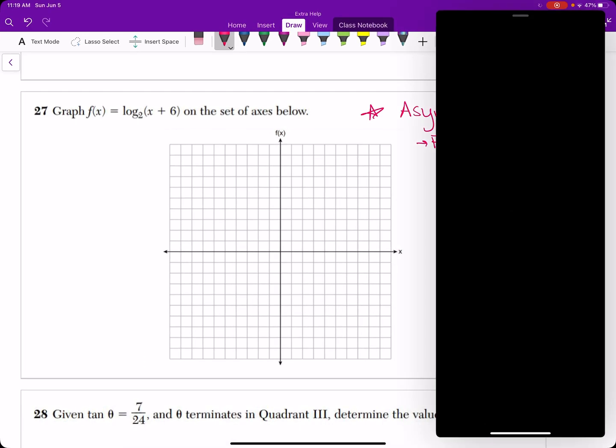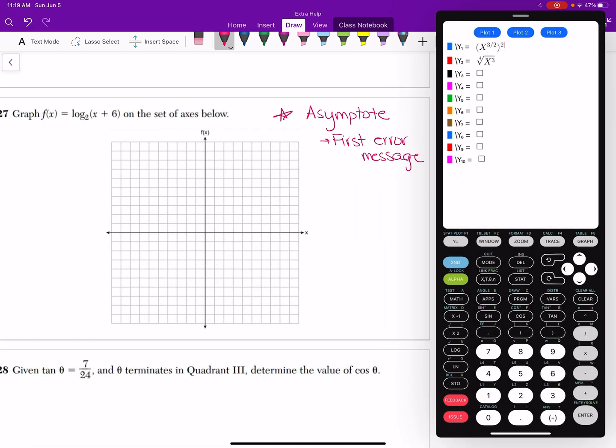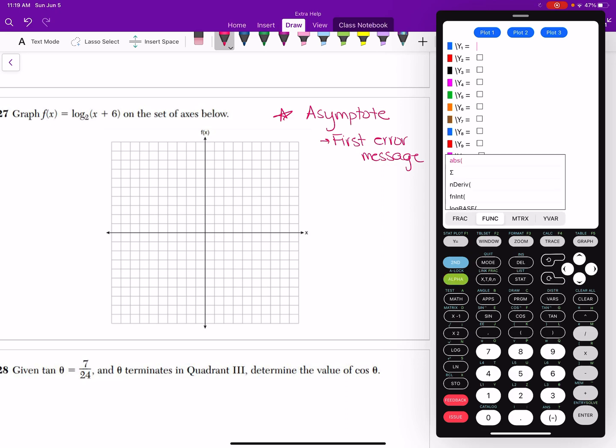So I would go to my calculator, go to y equals, type in the log, alpha window, choice 5 is the log base, and do log base 2 of x plus 6.